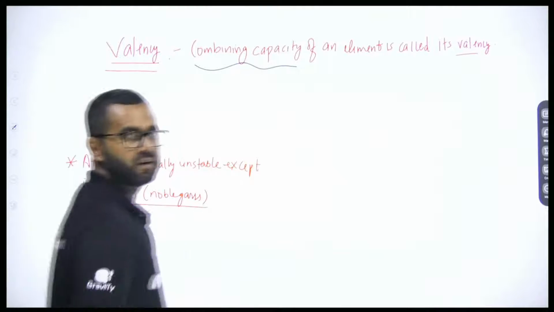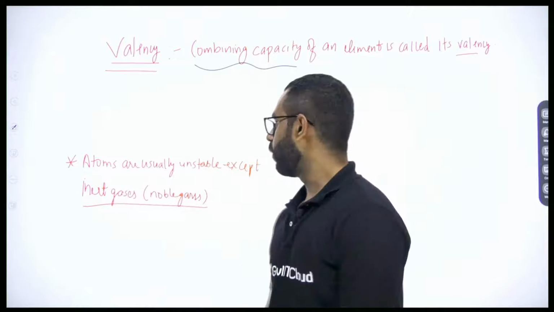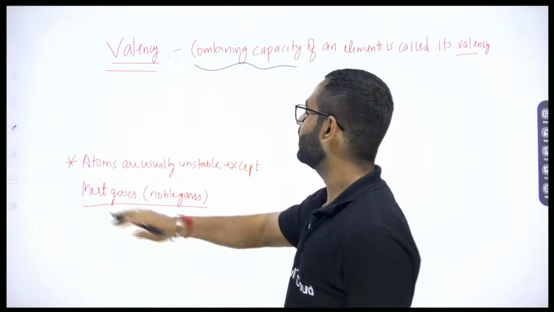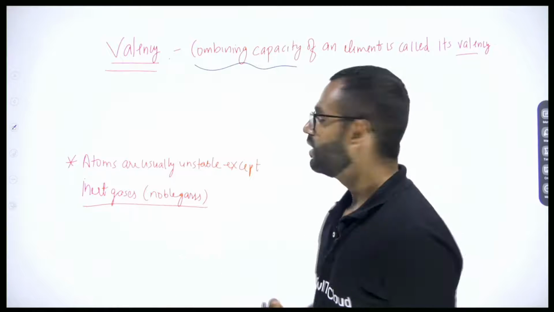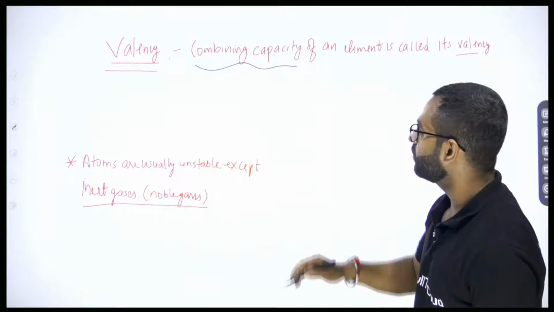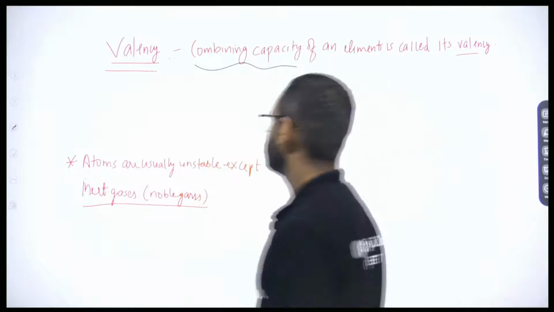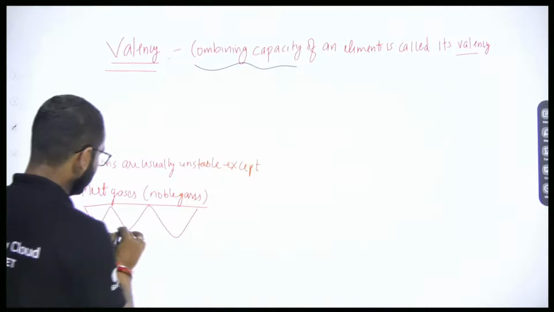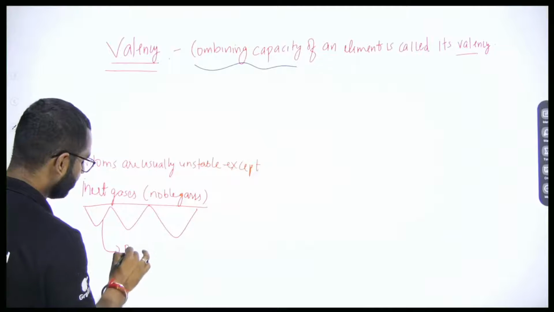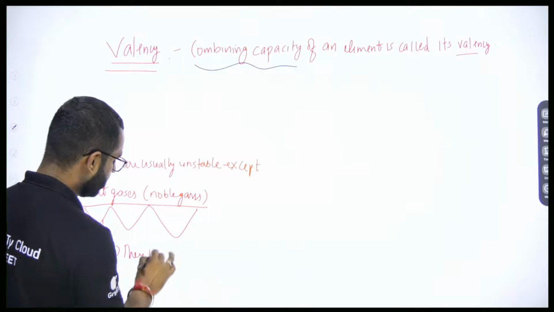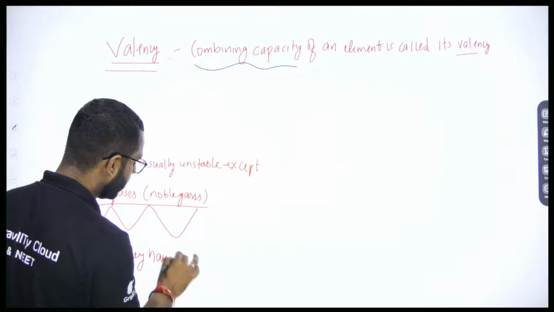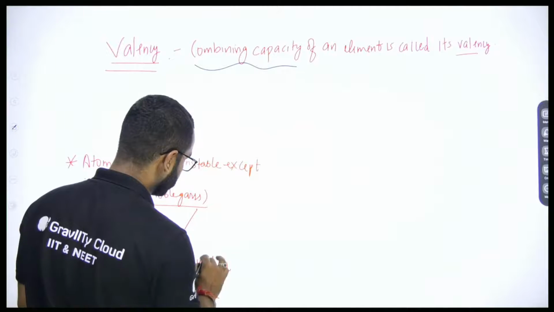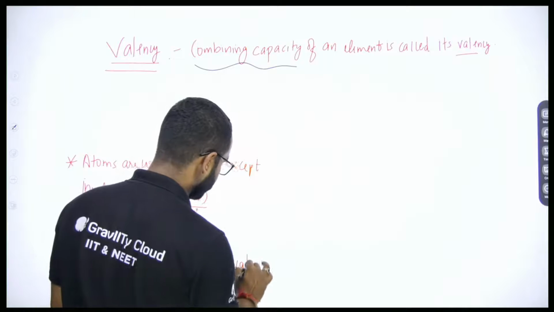Why? The point says atoms are usually unstable except inert gases or noble gases. Why? Because in the case of inert gases or noble gases, they have 8 electrons in their valence shell, right?